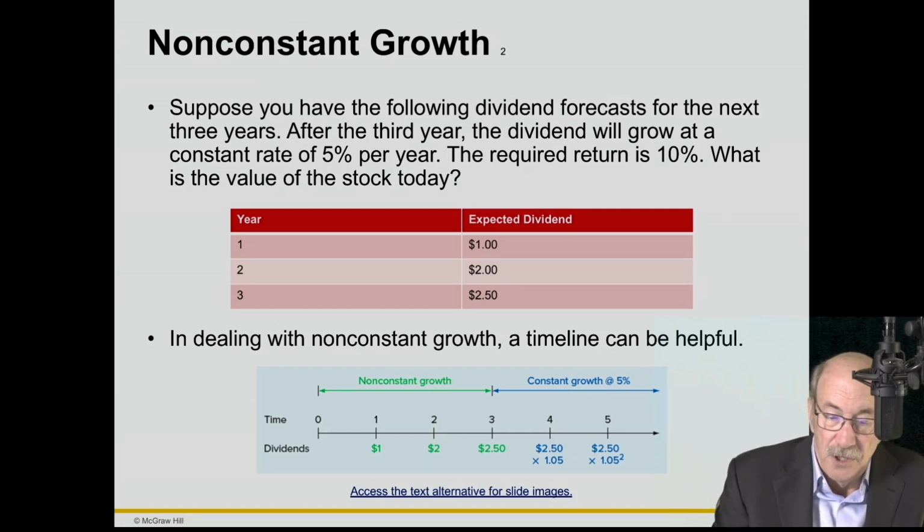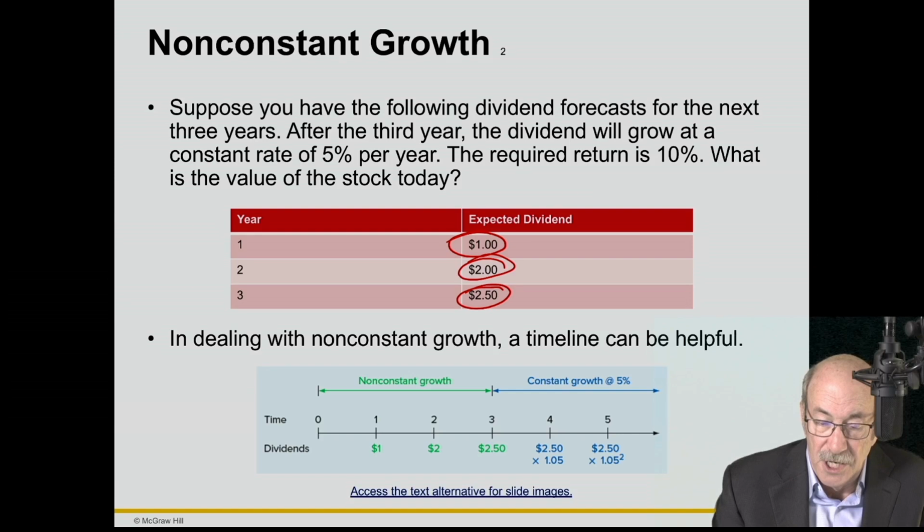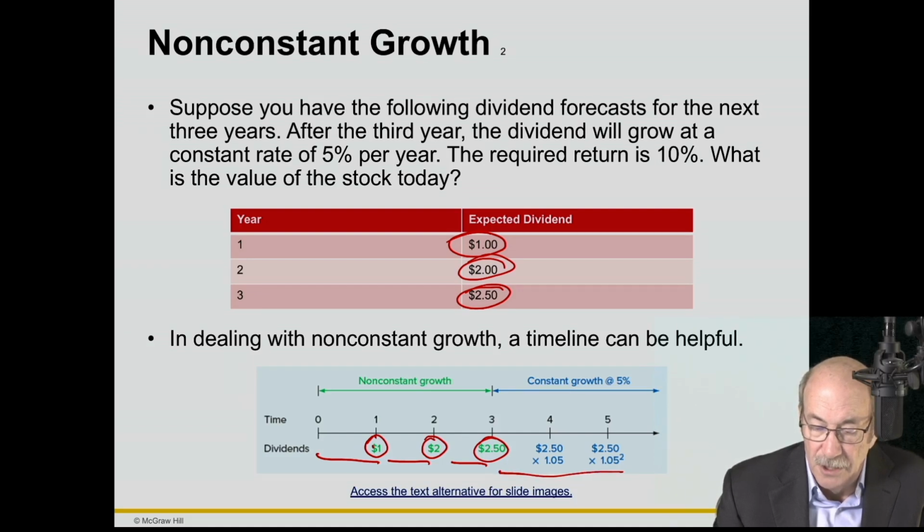In this case, we've got a dividend in one period, we've got another dividend in 2 periods, and then we have a dividend here in period 3 that then at that point is going to grow at a constant rate. So the first 3 years, this first 3-year period, we've got non-constant growth. And then from there on out, over here, we've got constant growth at 5%.